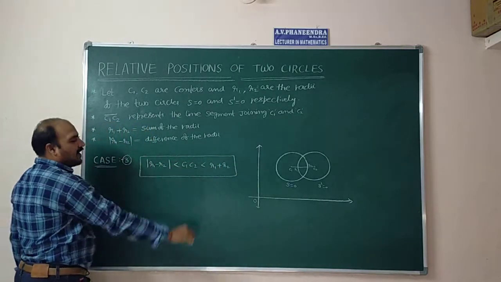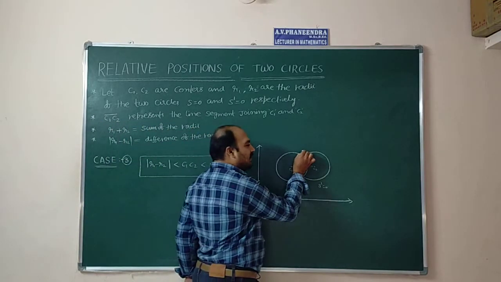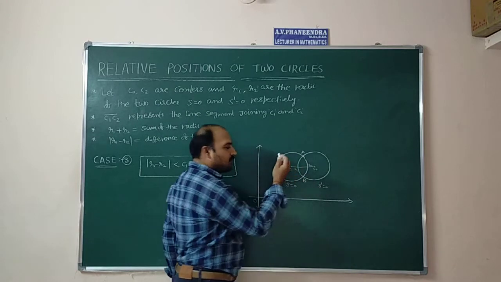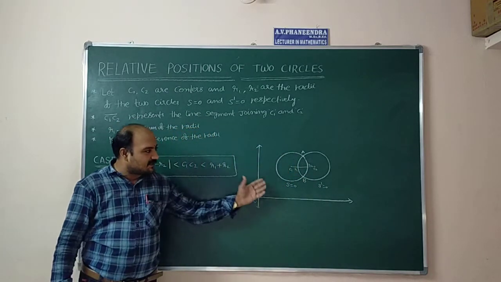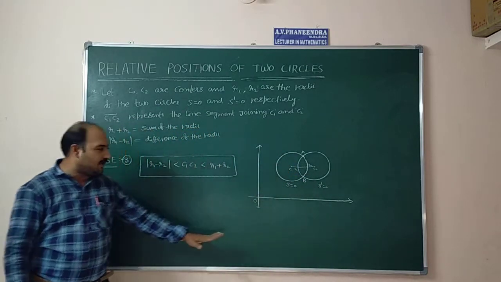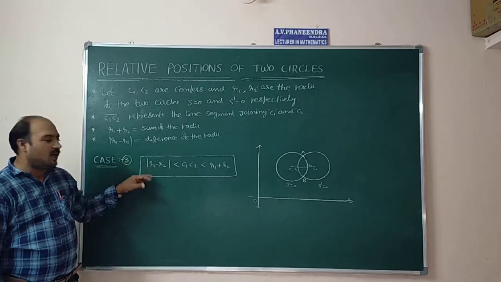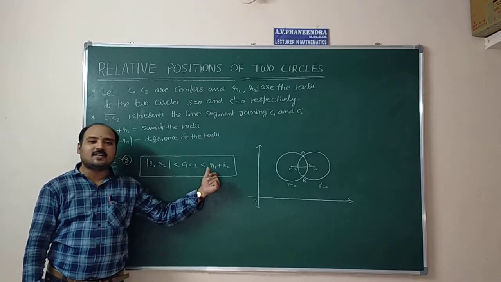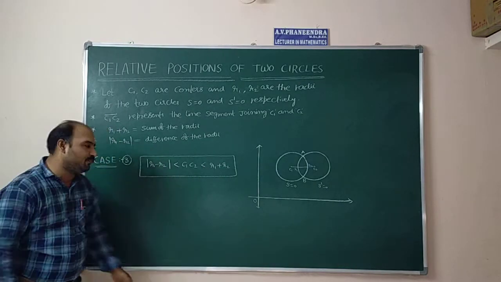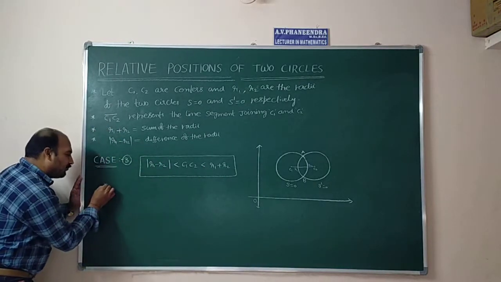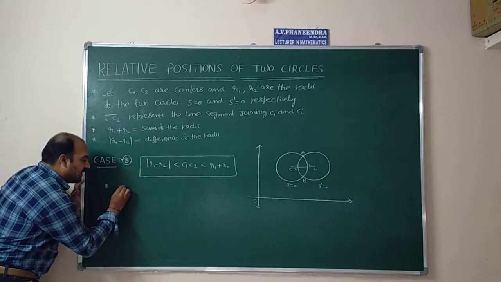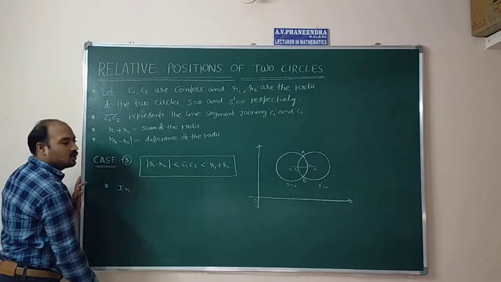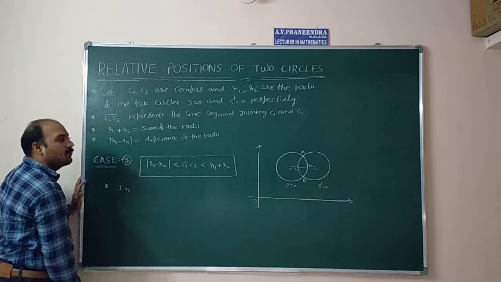By observing the diagram, these two circles intersect in two distinct points A and B. Whenever the circles intersect in two distinct points, we get this condition: mod R1 minus R2 is less than C1 C2 is less than R1 plus R2.